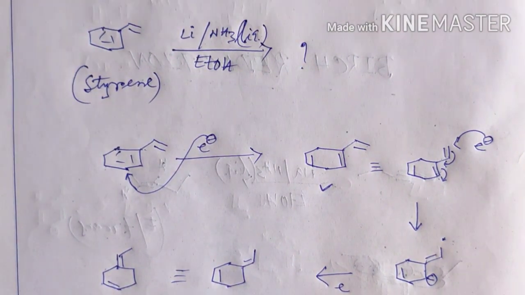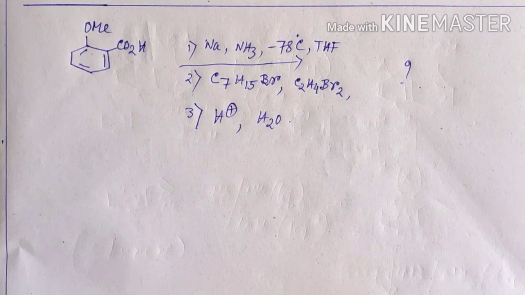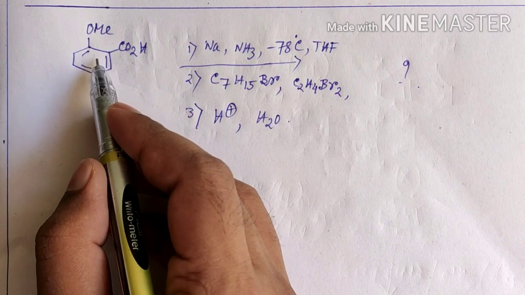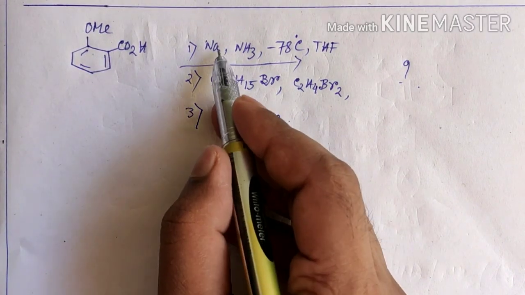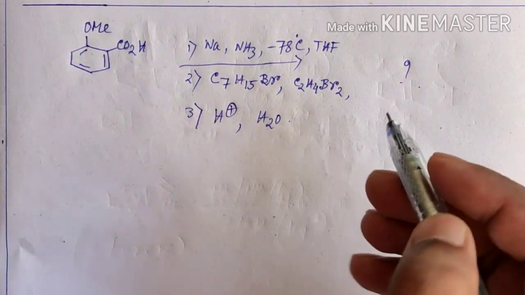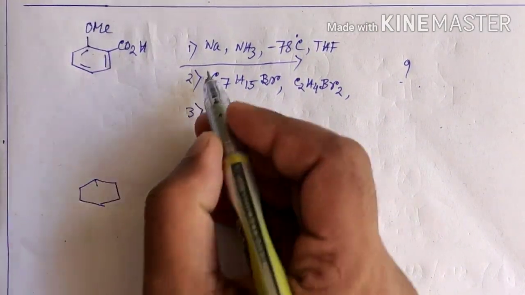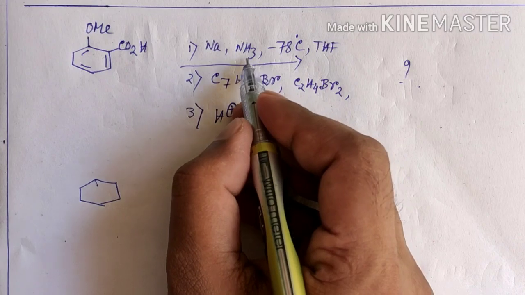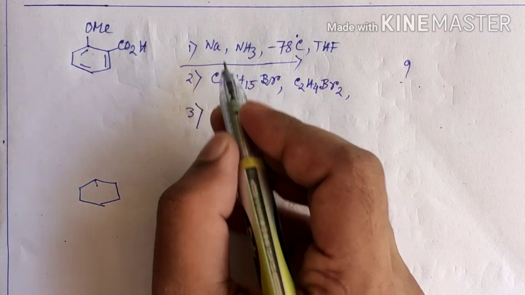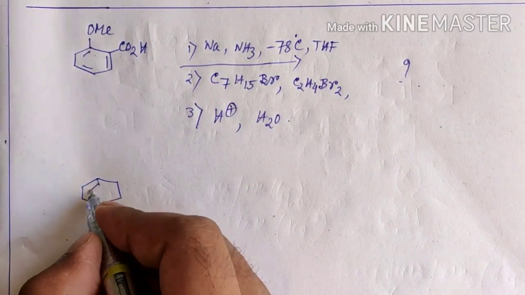The next question is based on alkylation during Bartsch reduction. That is, if you are given this compound and you have to go through this subsequent step, what will be the final product? Now, in the first step, from the condition, we can say that the first reaction is equivalent to Bartsch reduction.